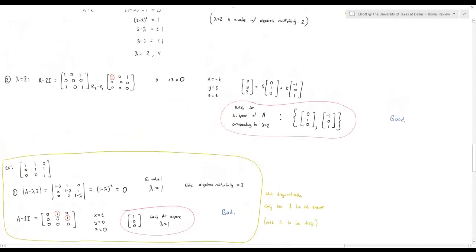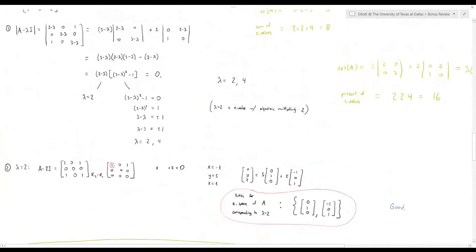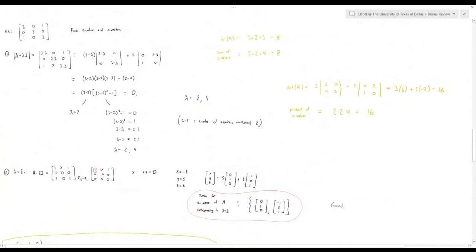Now up here, I did another example last time, which I want to look at real quick. It was a 3x3 matrix, and this time it has two distinct eigenvalues, 2 and 4. 2 was repeated twice.